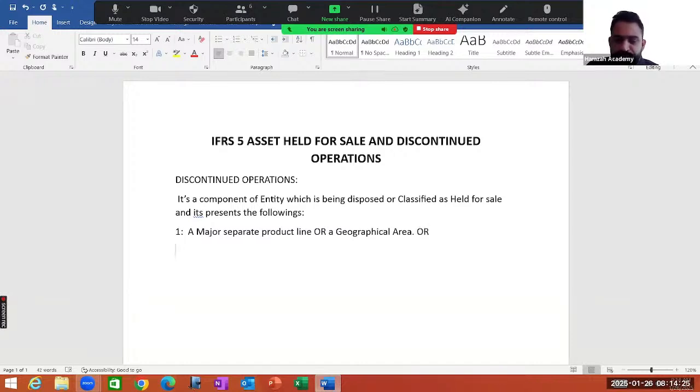Or number two, it is part of a coordinated plan to withdraw a major product line or withdraw from a geographical area.